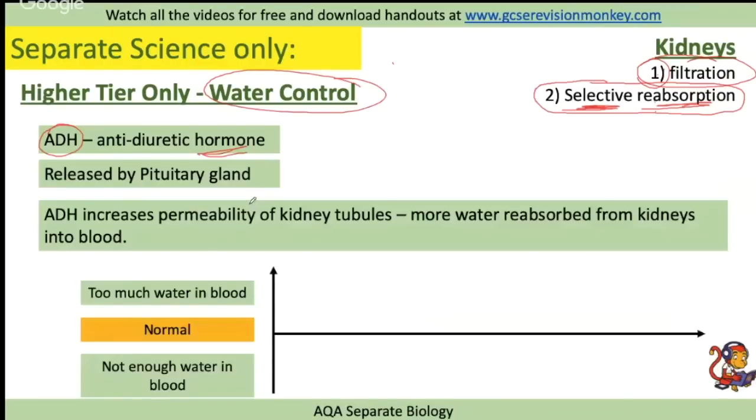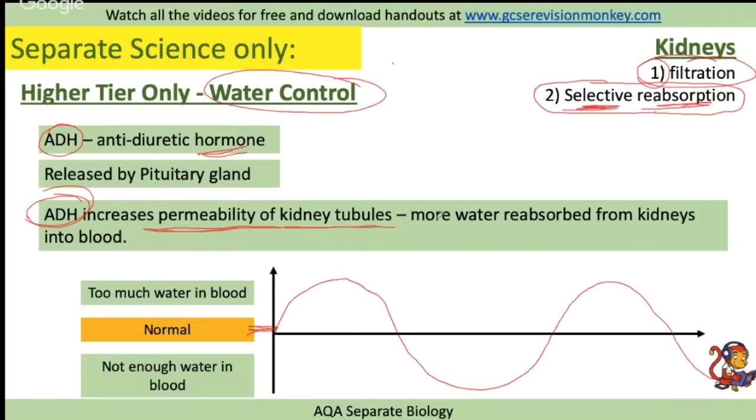And again, it's part of a negative feedback cycle. So if this is our normal levels in the blood, they might get a little bit too high and they need to be controlled and brought back down. Then they might get a little bit too low, and up and low, etc. So the ADH, this hormone, increases the permeability of the kidney tubules.